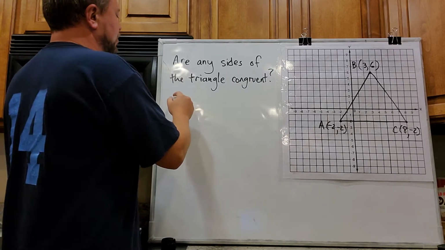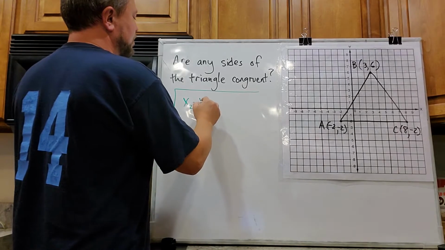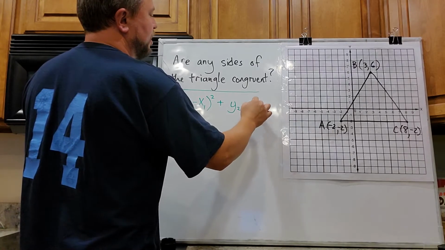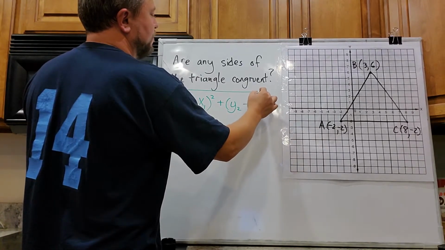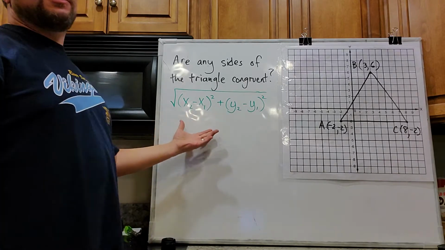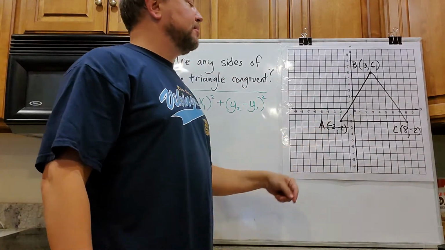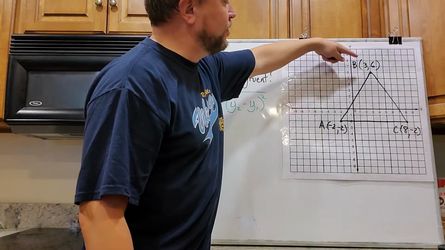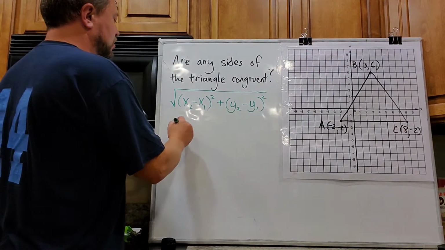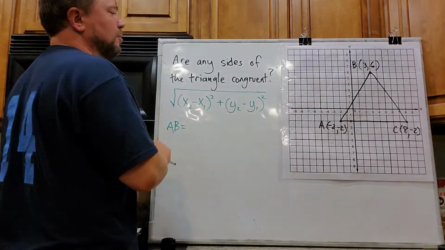So the distance formula, remember, looks like this. Square root of x2 minus x1 squared plus y2 minus y1 squared. Okay, so we're going to have to use this not once, not twice, but 3 times, right? We got to check all 3 sides. So if I wanted to start by finding, for example, the length of AB, then I would be plugging in my coordinates for A and B into the formula.